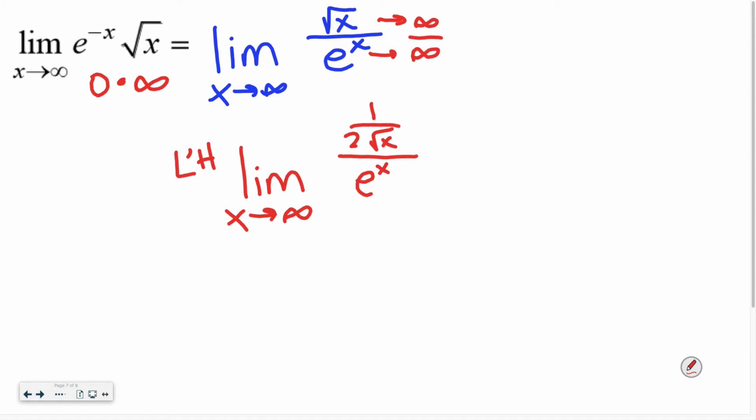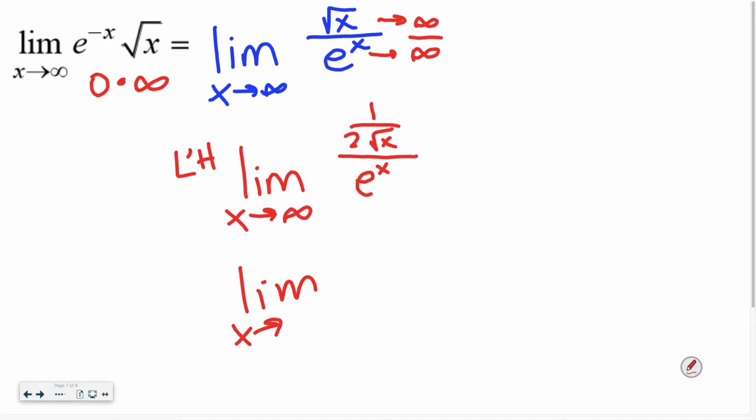And what did I tell you that you have to do before you can reevaluate your limit? You have to simplify. I have a fraction and a fraction. So you'll do that. Simplify your fraction before going any further.